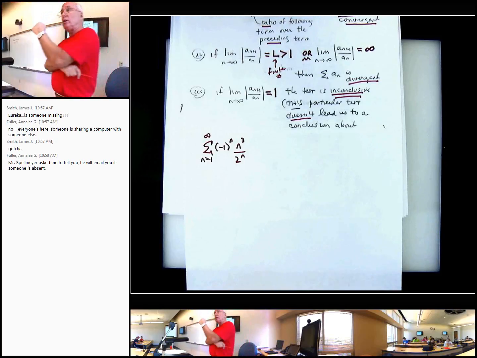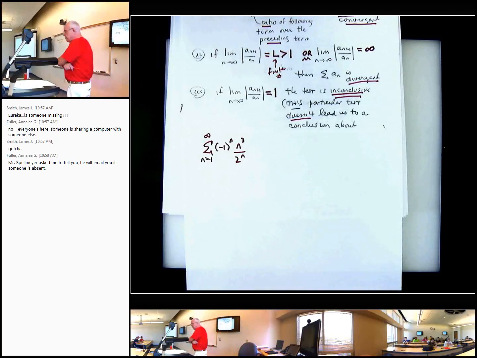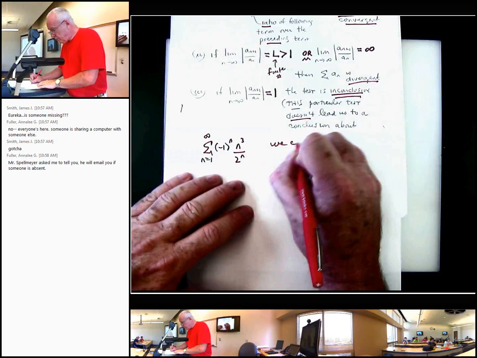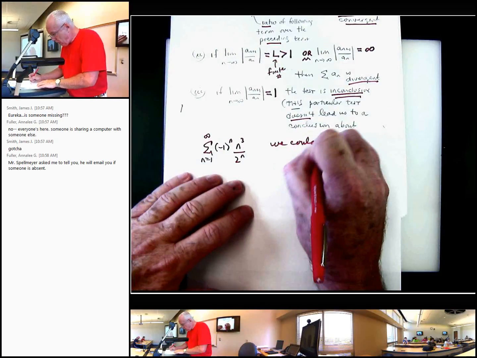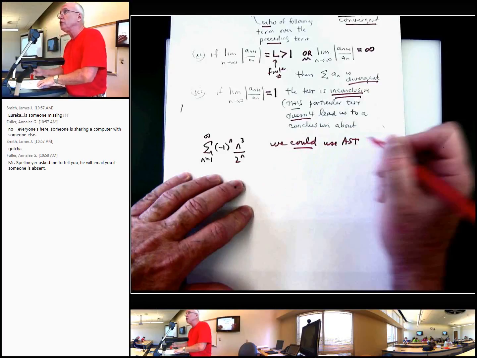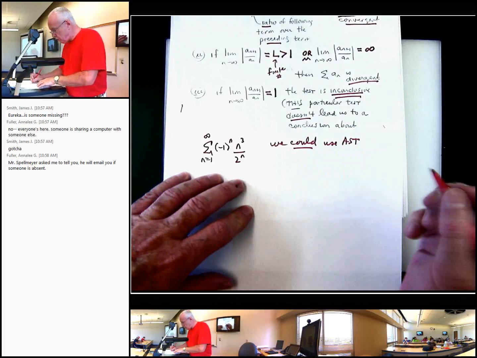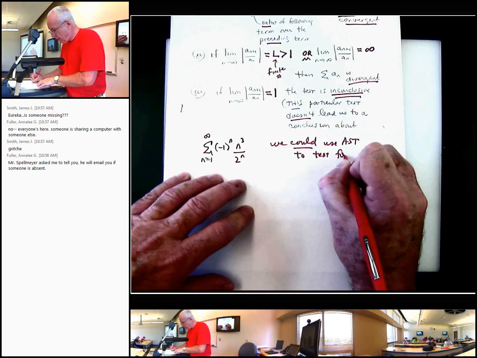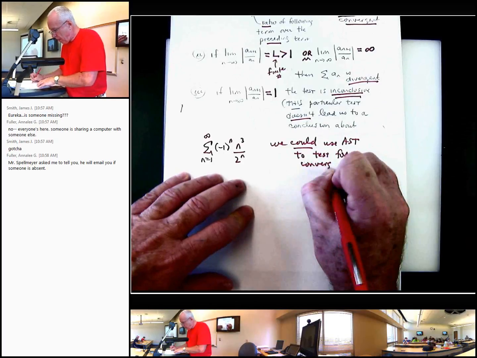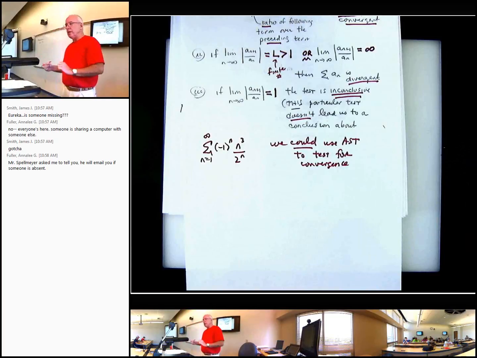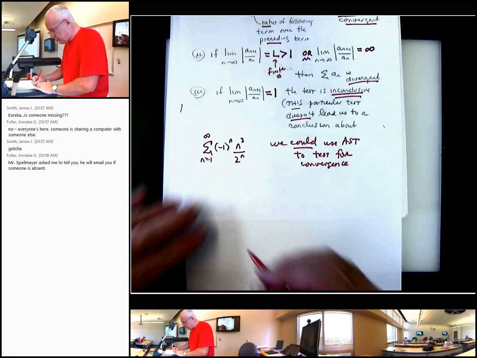Alternating, absolutely, it's alternating. It's got the (-1)^n. We could use the alternating series test to test for convergence. We could do that, but we're not going to do that one for this particular example. We're going to use the ratio test.